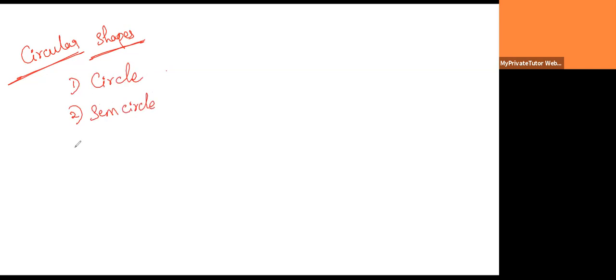And one more important one, which is oval or ellipse. Both are the same. These are the circular shapes other than the 2D shapes which we learned. The other ones are based on the number of sides. Please let me know, guys, if you have any questions so far.